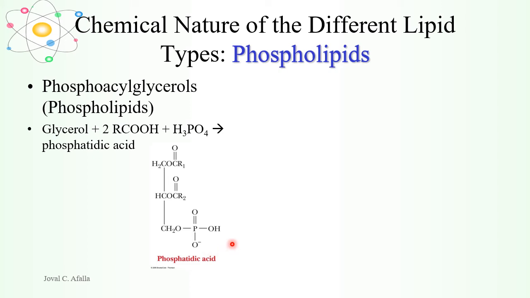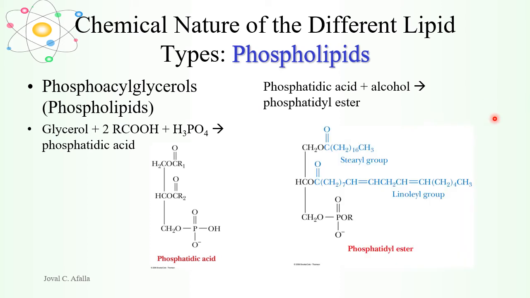But it doesn't end here usually. The phosphatidic acid undergoes another esterification with another alcohol to form phosphatidyl ester. Here's an example of a phosphatidyl ester. Once again, we have the glycerol, carboxylic acid 1, carboxylic acid 2, and phosphoric acid.